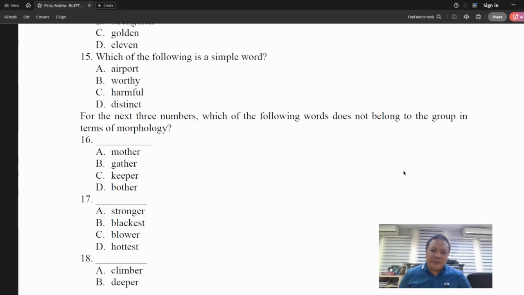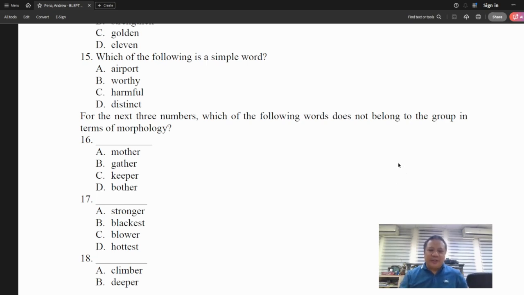C, harmful, the ful there is a derivational suffix. So for both B and C, they are complex words. But in D, the dis there doesn't mean anything. Distinct is just one root. So the answer is D, distinct.